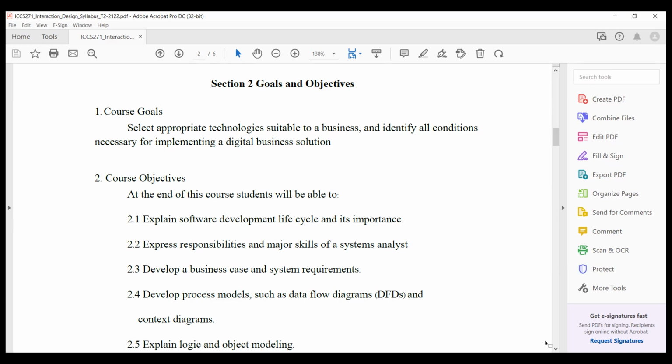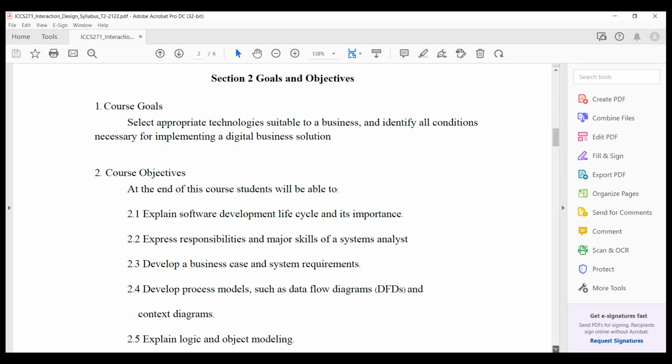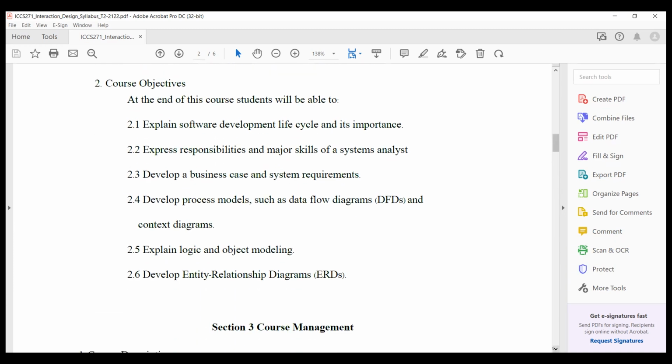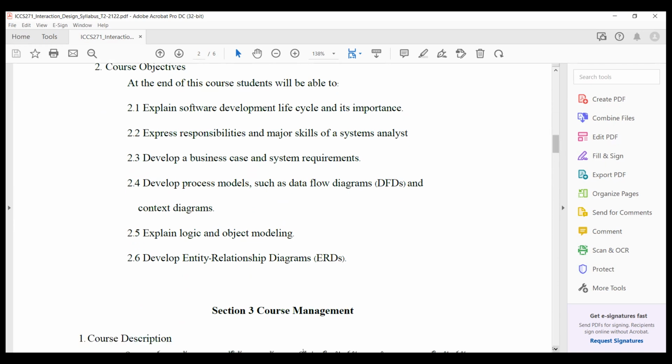At the end of the course, you should be able to explain the software development lifecycle and its importance, express the responsibilities and major skills of system analysts, develop business cases and system requirements, develop process models such as data flow diagrams or DFDs and context diagrams, explain logic and object modeling, and develop entity relationship diagrams.